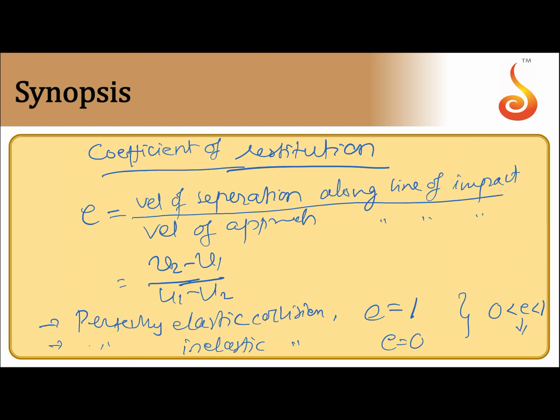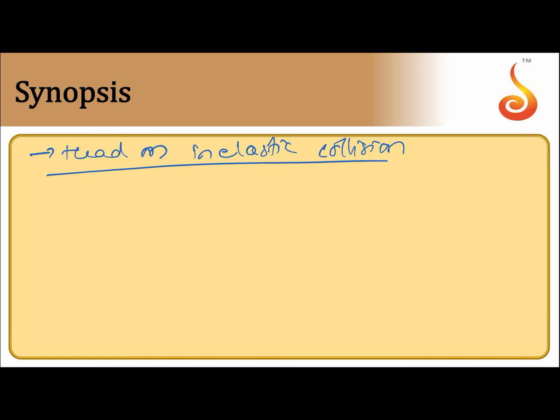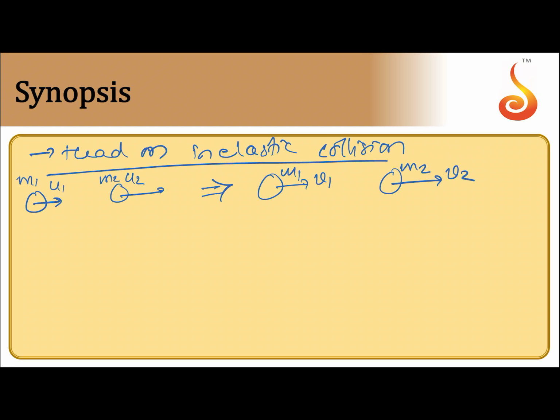So, we can generalize it like this. Suppose we have a head-on inelastic collision. This is U1, M1 and M2, U2, and post collision we have M1, V1 and M2, V2 respectively.